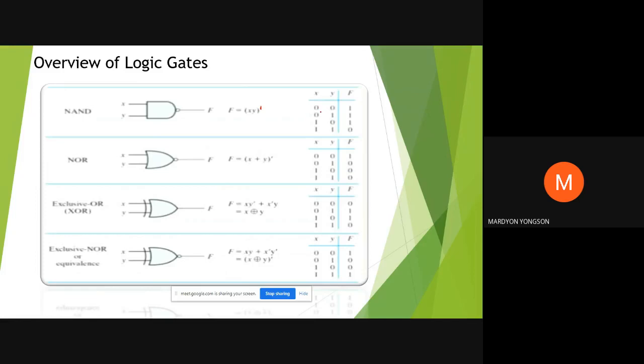So we all know, di ba, 0 times 0 is 0, so not 0 equals 1. Then 0 times 1 equals 0, so not 0 equals 1. Then 1 times 0 equals 0, so not 0 equals 1. And then 1 times 1 equals 1, not 1 equals 0. Kaya na-derive na ganito ang NAND since meron siyang complement. Ayan, ini-invert niya lang yung answer.